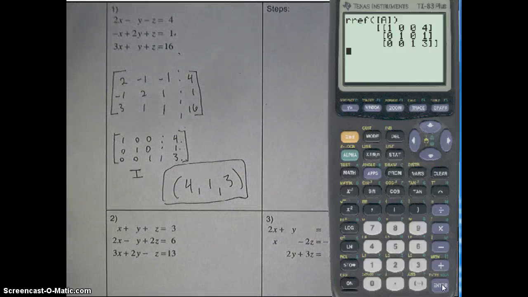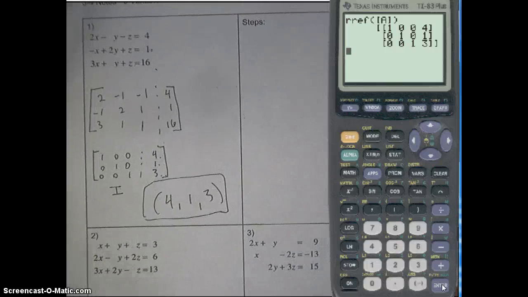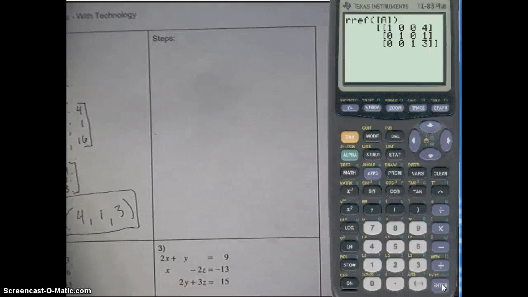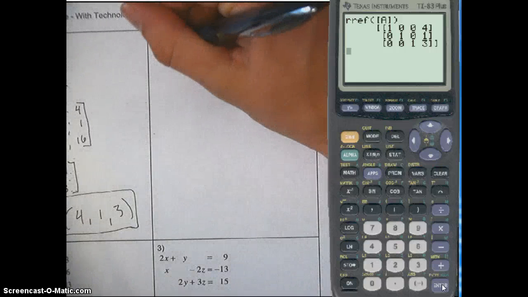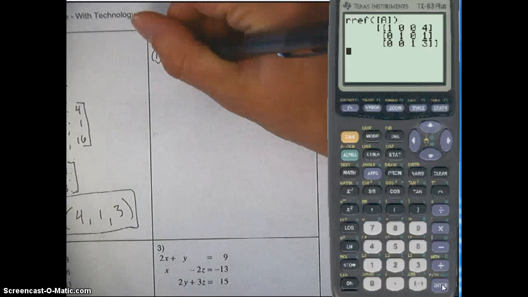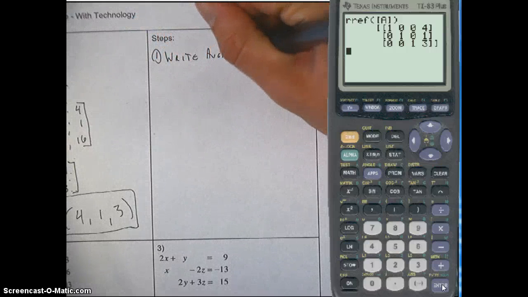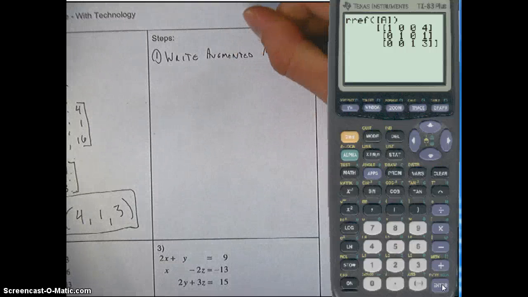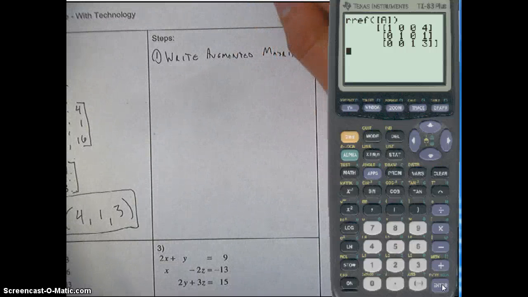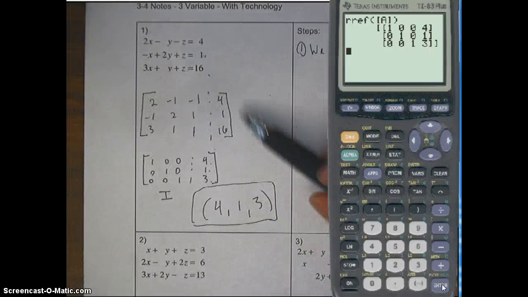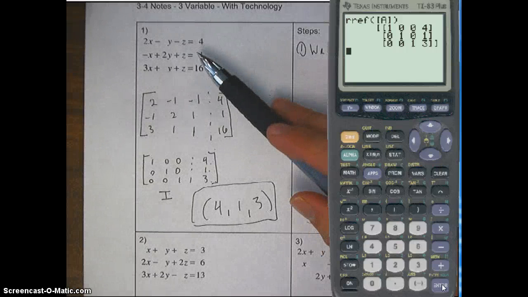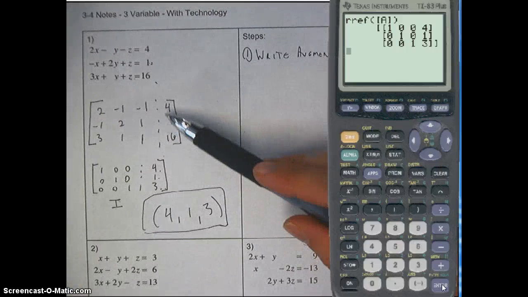That's how you solve it using a calculator. Let's write down those steps real quick. The first thing you want to do is write your augmented matrix. That's when I took the numbers in front of the x, the y, and the z, and the constants.